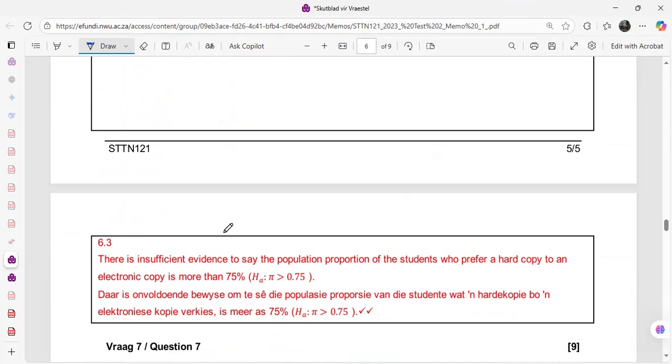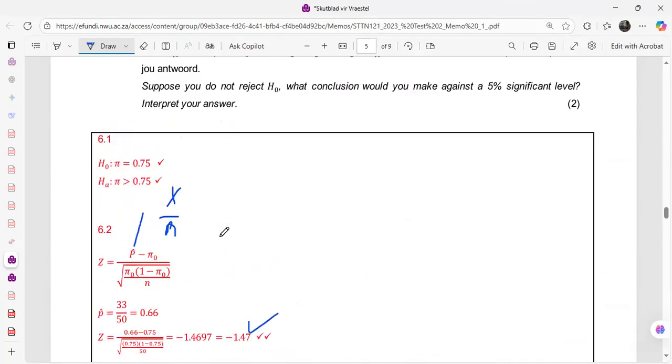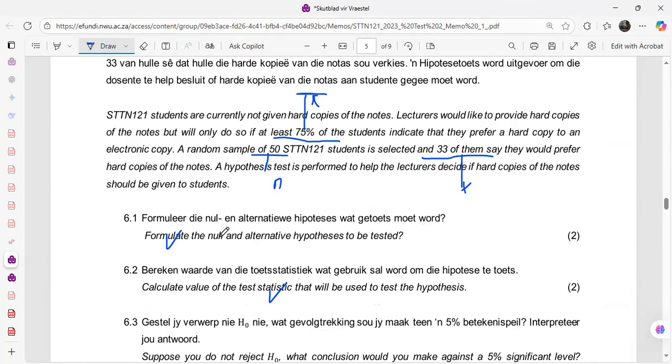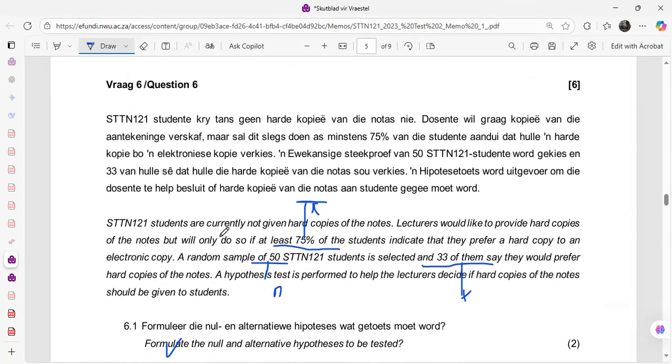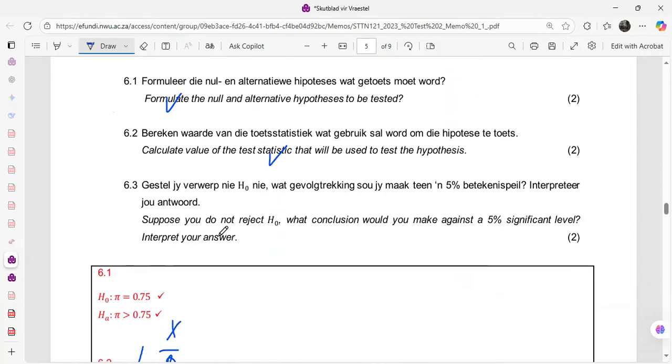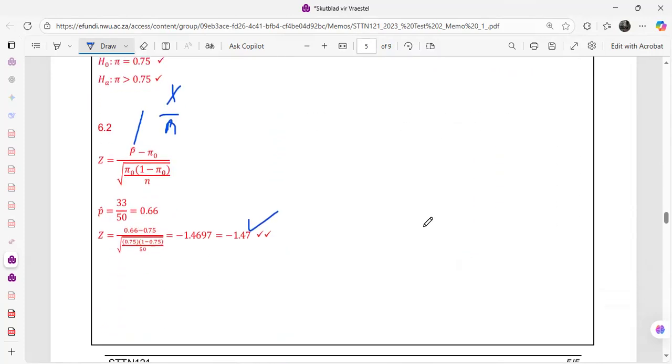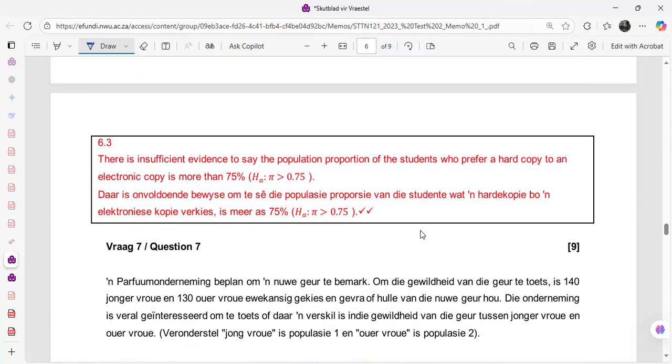Why are we saying insufficient evidence? Because we failed to reject the null hypothesis at 5% level of significance. Then you get full marks, six marks.